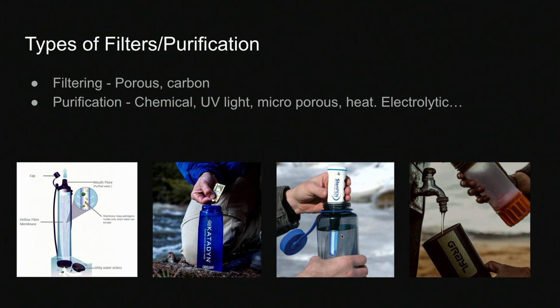Another type of purification, again, that doesn't filter stuff or clear the dirt or sediment out of the water, is UV light. You can use either UV light or chemical pills like the Katadyn to purify your water and kill bacteria and viruses. The cool thing with a SteriPen compared to pills is that it's almost instant.